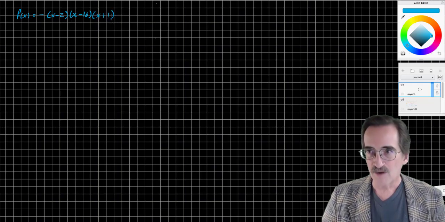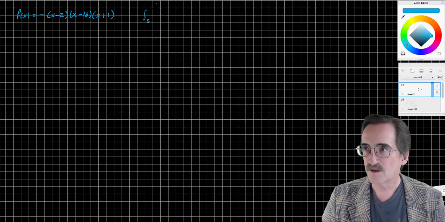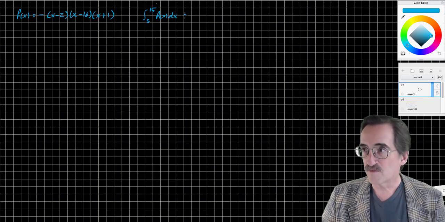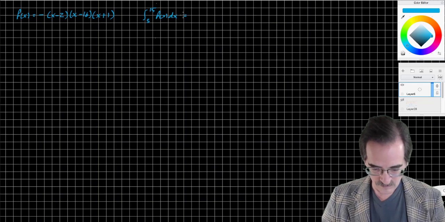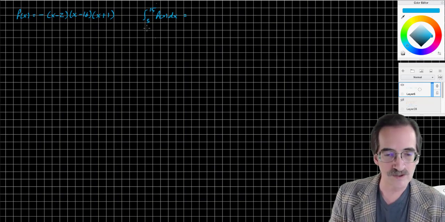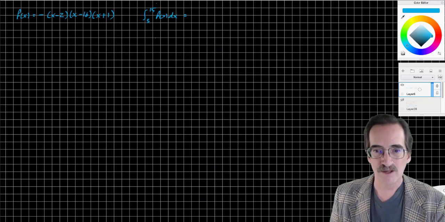We were estimating the integral from 3 to 15 of f of x dx. And we found that to be, well, I did the integral by calculator.